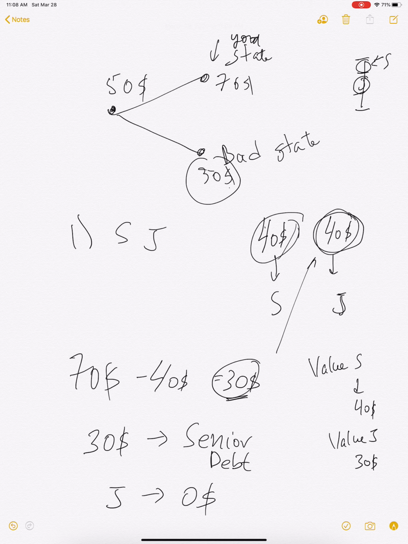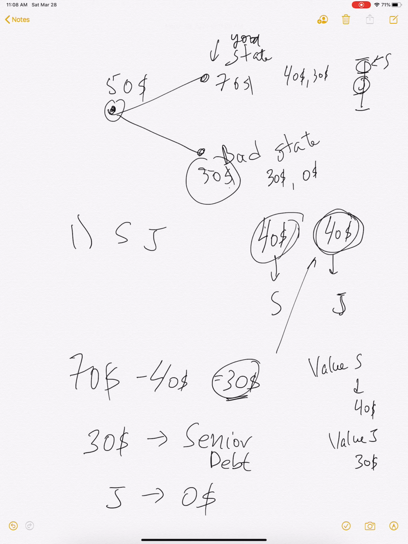Okay? So in this case, the value of the senior and the junior debt in the good state of the world is going to be $40 and $30 respectively, while in the bad state of the world it's going to be $30 and $0 respectively. So now let's say with probability of half you want to discount it back, you want to see what is going to be the value here.